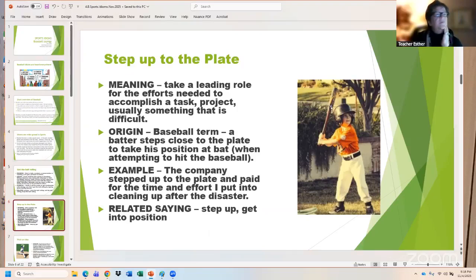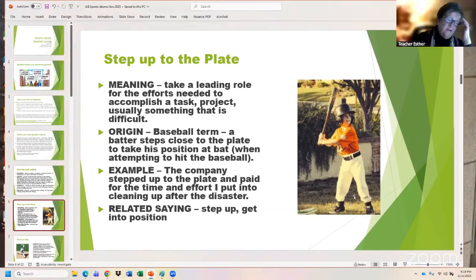So the player, here's a little boy who is on a little league team. The player comes up to position by the plate, and then the pitcher pitches the ball across the plate, and the player attempts to hit the ball.